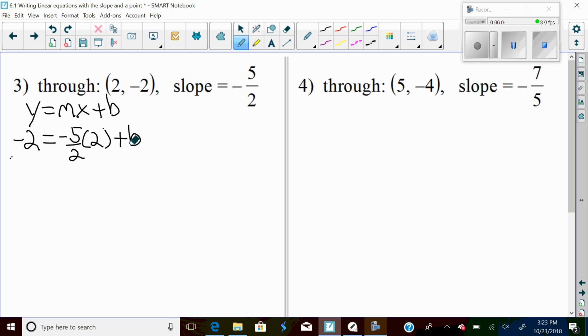All right, next thing we're going to do is multiply these two here. We get -2 is equal to -5 plus b. Continue to solve here. We're going to add 5 on both sides. -2 plus 5 is +3. Bring down the b, and our y-intercept is equal to 3.